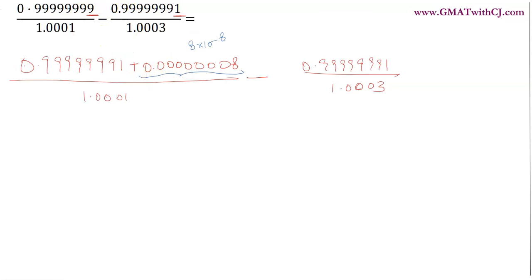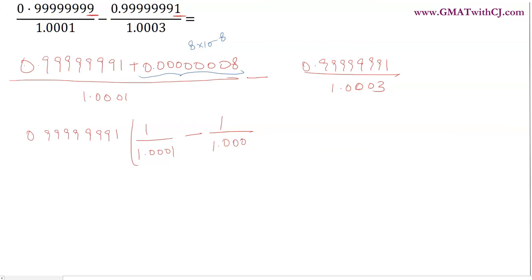So now what he did was he just took these two separately. What you get is, you can take this common and then you will have 1.001 minus 1 by 1.0003, then you will have plus 8 into 10 raised to minus 8 divided by 1.0001, right? And then he just cross multiplied, which is going to be pretty easy.